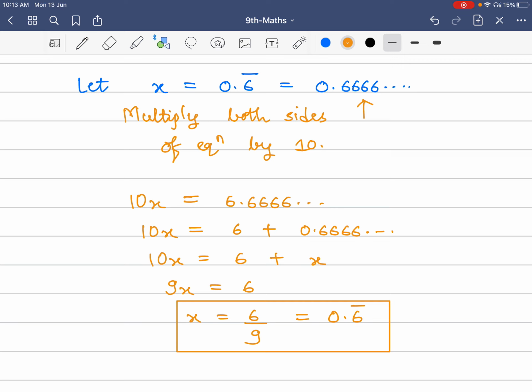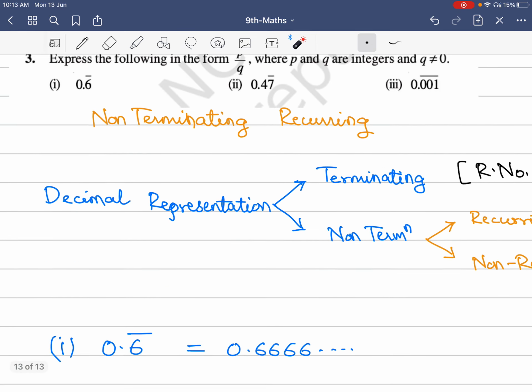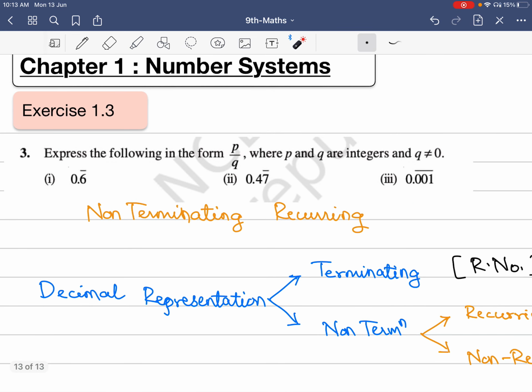We have successfully represented 0.6 bar, which is a non-terminating recurring decimal representation, in the form of p by q, 6 by 9, where p and q both are integers and q is not equal to 0, which is exactly what the question had asked. So just for the sake of completion, I'm going to write this as equal to 6 by 9.